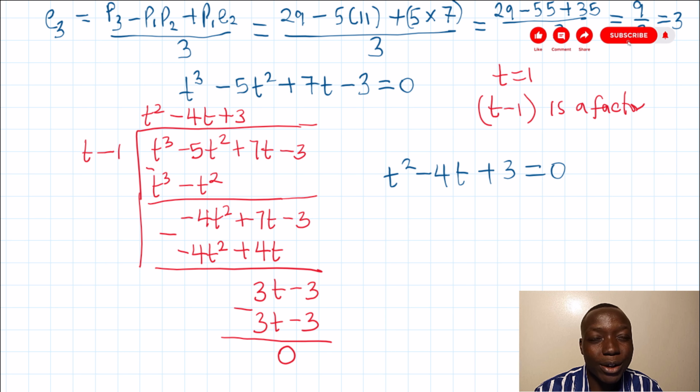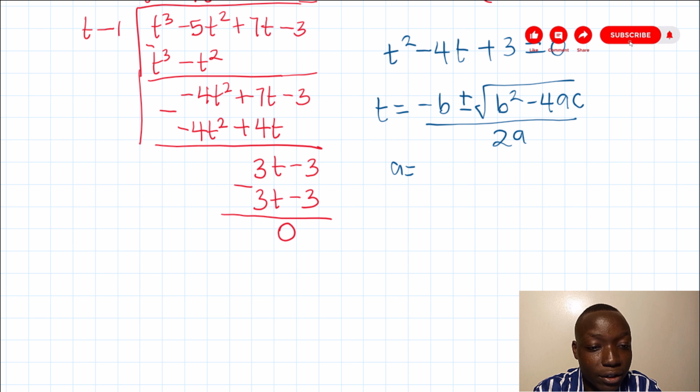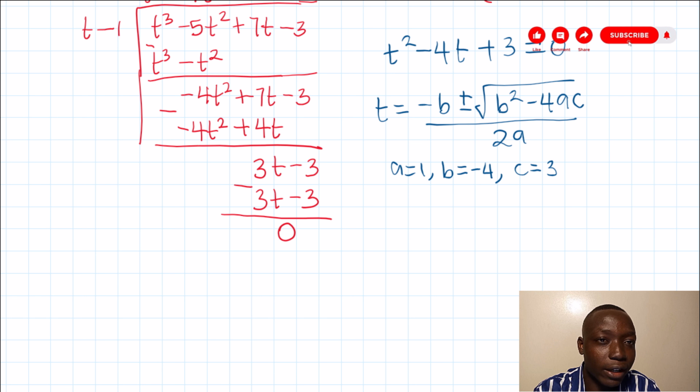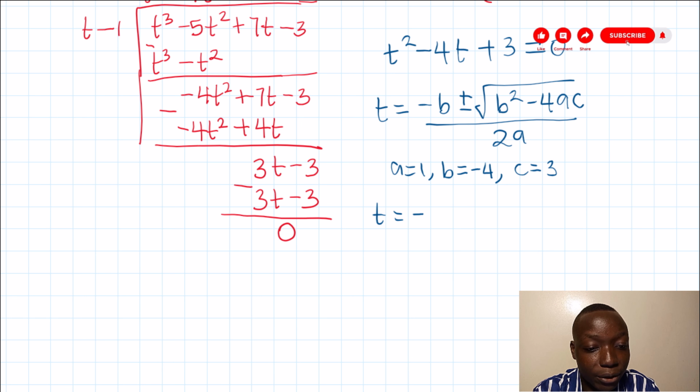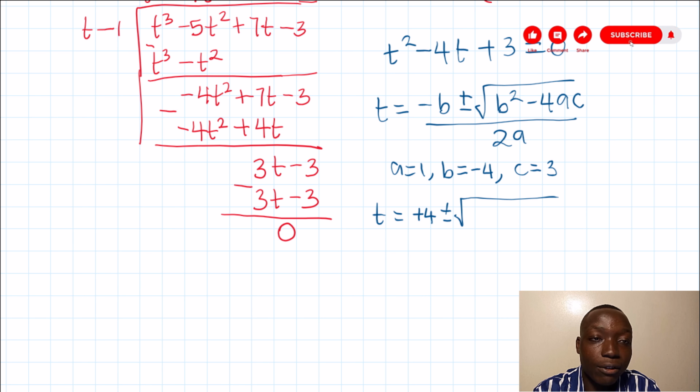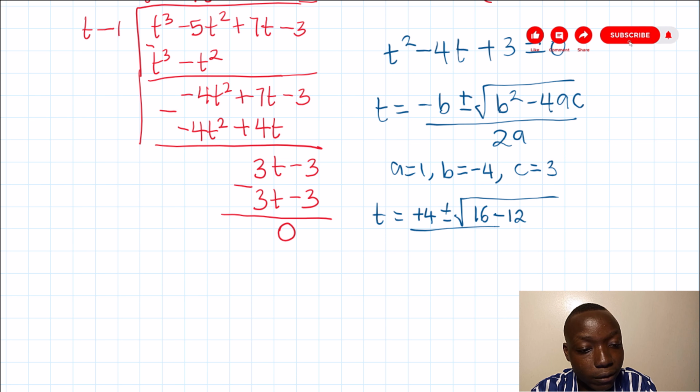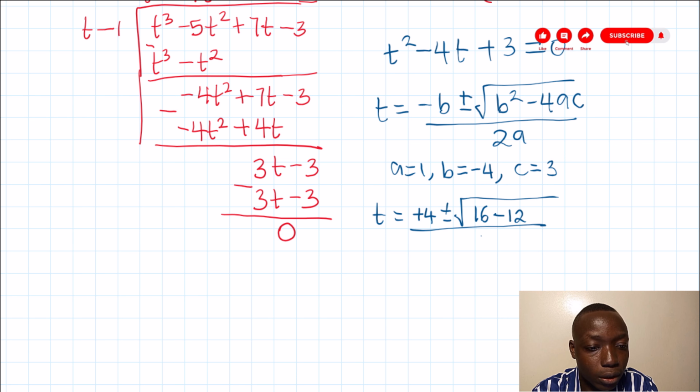So we're going to use the general quadratic formula to solve this particular equation. Here, a is equal to 1, b is equal to negative 4, and c is equal to 3. So let's substitute to find the values of t. t is equal to minus negative 4, which is positive 4, plus or minus the square root of negative 4 squared, which is 16, minus 4 times 1 times 3, which is 12, all divided by 2a, and 2 times 1 is 2.